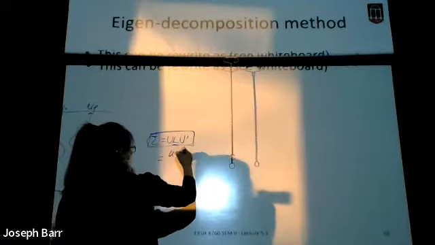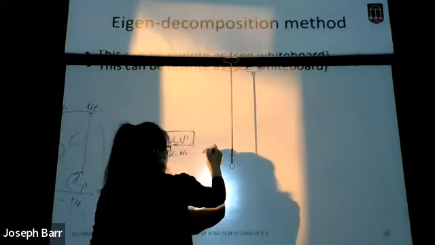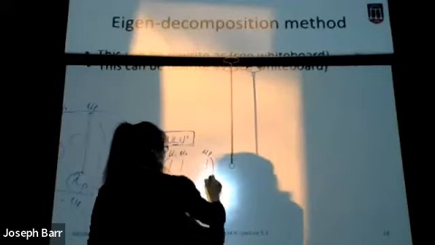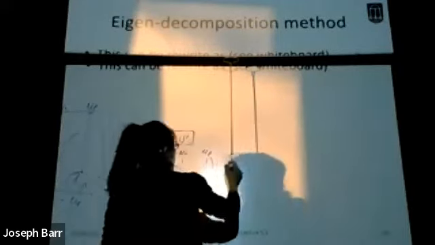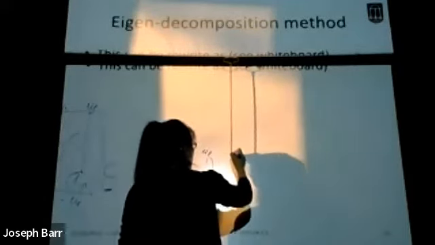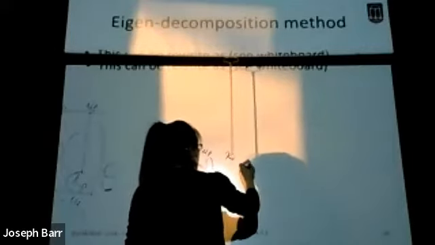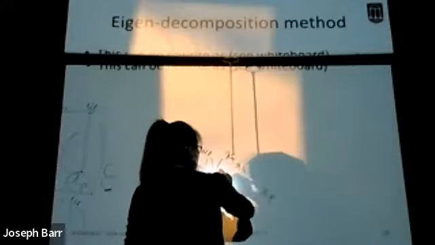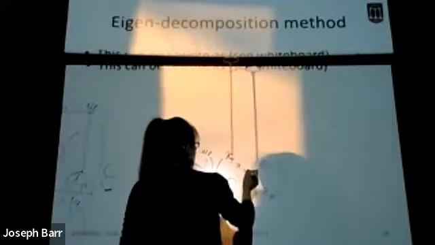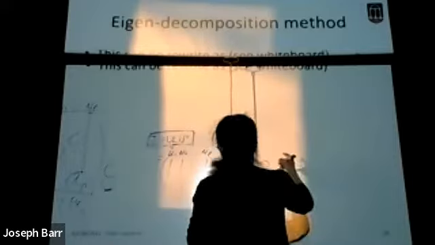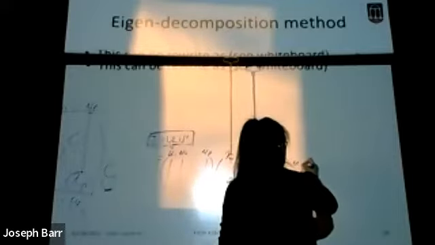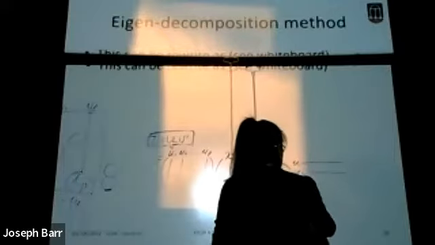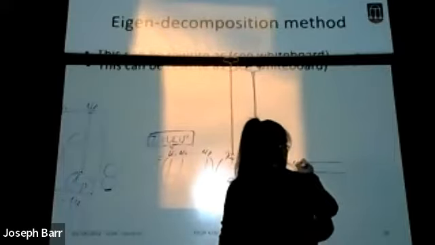We have U1, and we have lambda L. L actually includes lambda 1, lambda 2, lambda 3. This is the L matrix. So the transpose, because U1 here, U2 here, so it's the transpose.